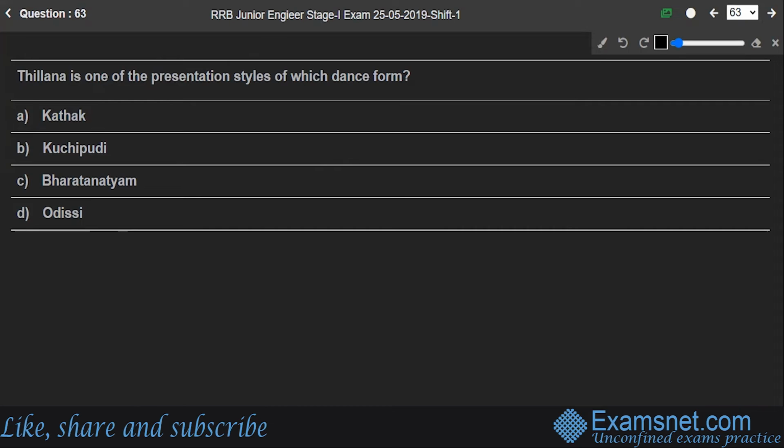First one, you have the Bharatnatyam. From here, this is the first one, and then you have the Kathak and Odissi, Kuchipudi, Manipuri, Mohiniyattam.